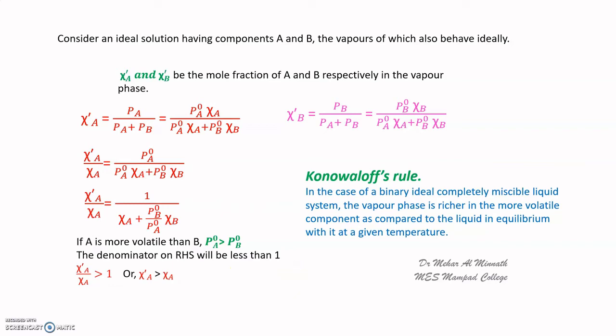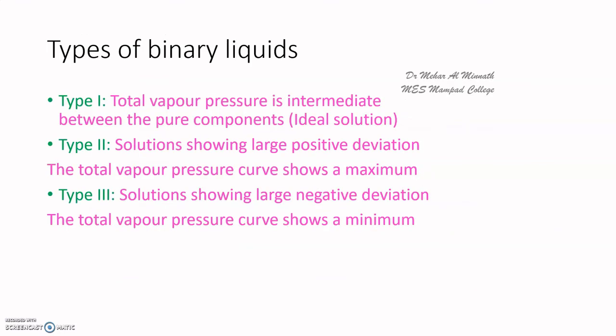Now, we have seen different types of solutions, and I had mentioned earlier that there are basically three types: ideal solution and the two non-ideal solutions. Ideal solutions usually are put in type 1, that is almost all the solutions which show ideal condition. So the total vapor pressure will be intermediate between the pure components. Type 2 is solution showing positive deviation, and type 3 is solution showing negative deviation.